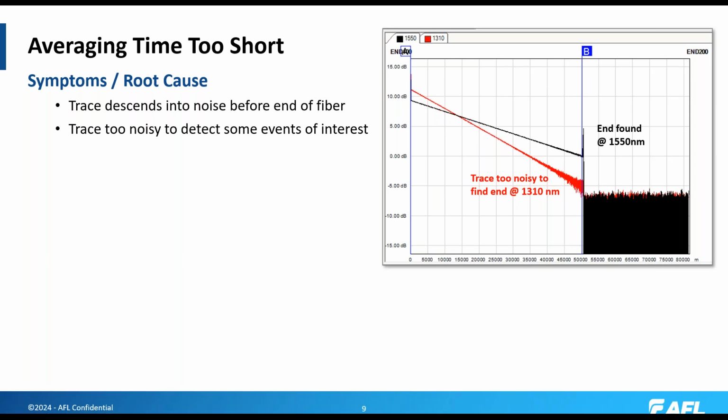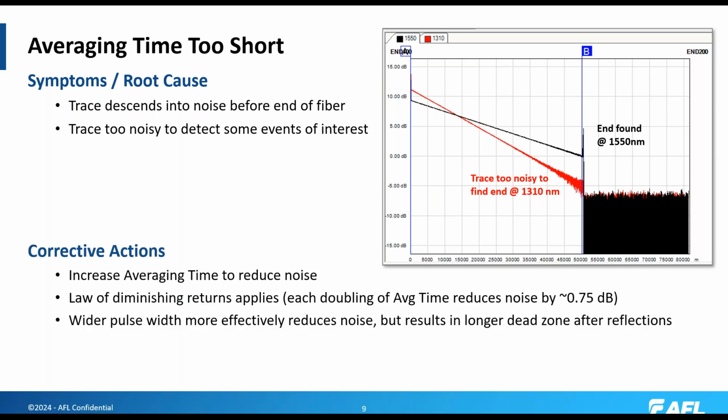And that's because the loss per distance at 1550 nanometer is always less than at 1310 nanometer, and is a reason that 1550 nanometer is used in long haul networks and in WDM, wavelength division multiplex networks.